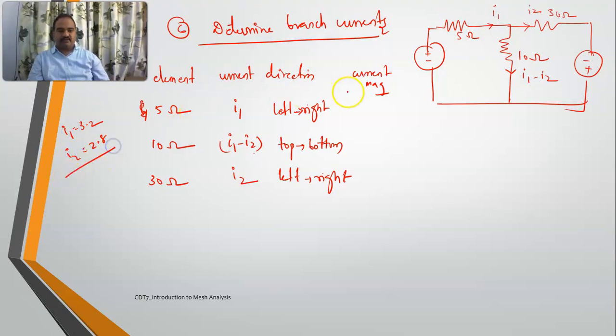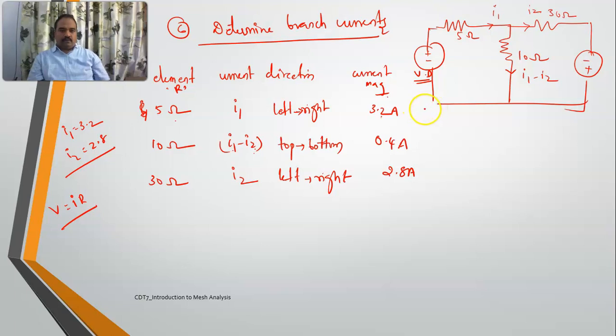So if I substitute this one, I1 is equal to 3.2 amperes. Here it is 3.2 minus 2.8, it is 0.4 amperes. And here it is 2.8 amperes. If I want the voltage drop across this one, how to determine it? Resistance into current, right? V is equal to I into R. So 3.2 into 5 is 16 volts.